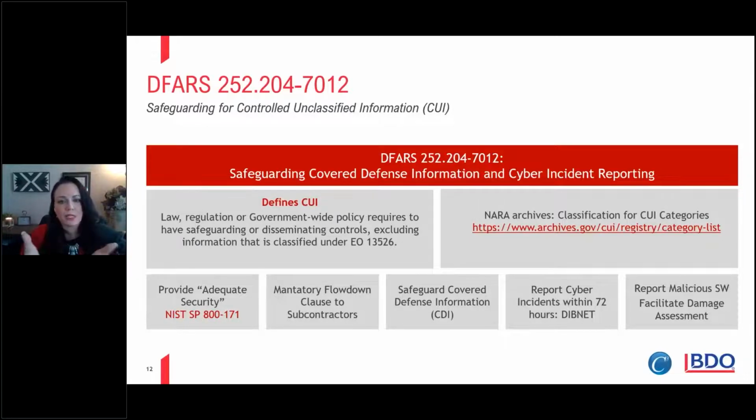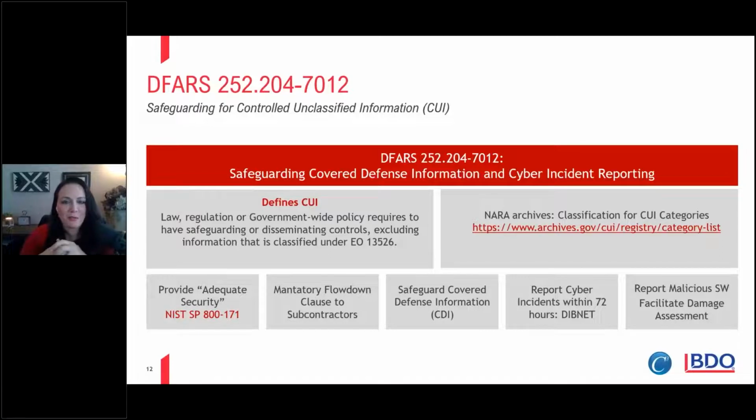So when we start with the DFARS clause, the whole intent is to safeguard covered defense information. Now, it's kind of hard because the DoD likes to throw out new acronyms a lot. And I worked for the DoD for 22 years, and every day was like a new acronym.